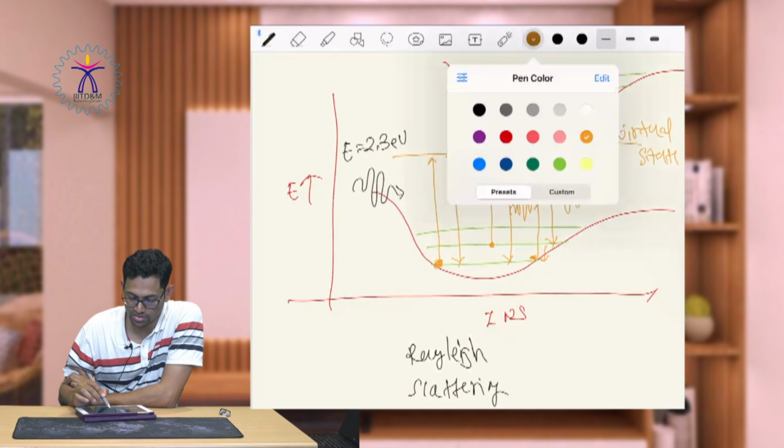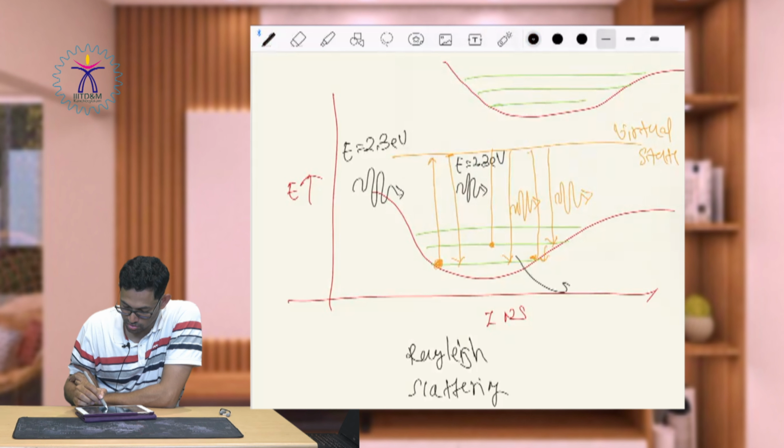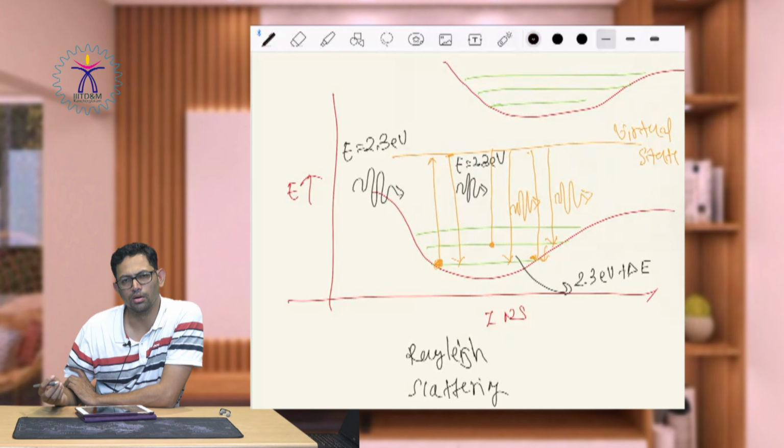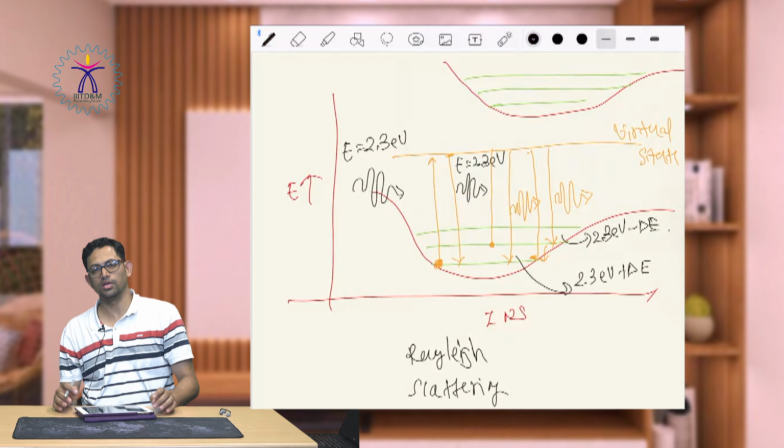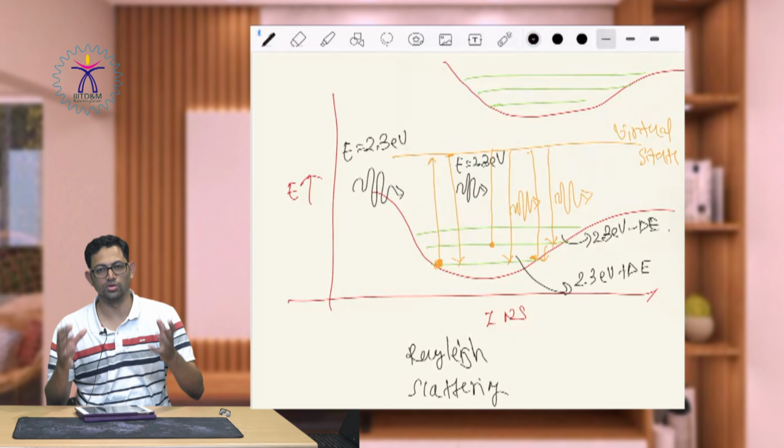So the energy that you see over here would be 2.3 eV plus delta E, some more energy, and in this case it would be 2.3 eV minus delta E. So a little bit lesser energy as compared to the actual green color.